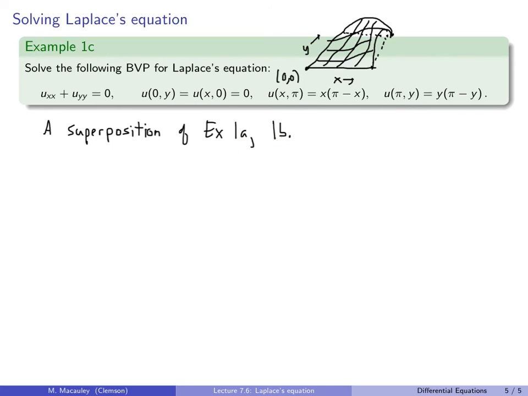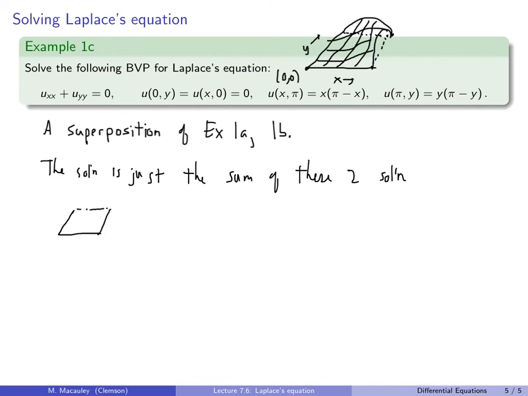So the solution is just the sum of these 2 solutions. So let's actually sketch. How do I want to do this? So let's draw this first. So here's sort of a cartoon of this.